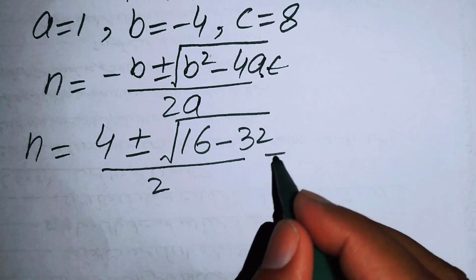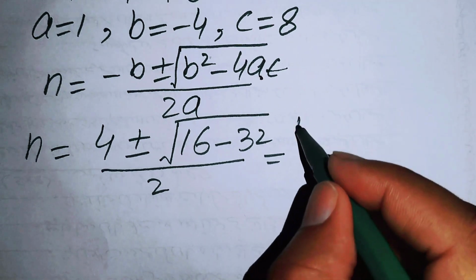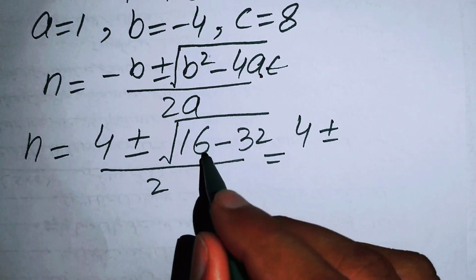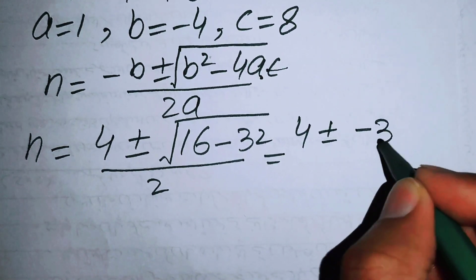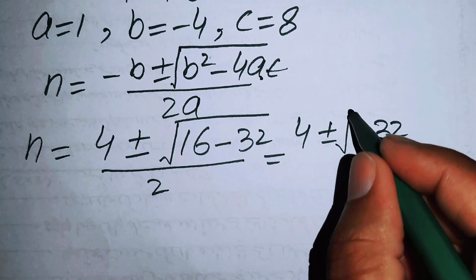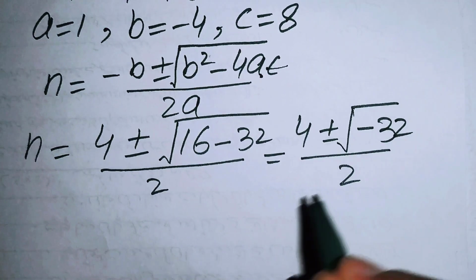So now you can simplify the terms, and you get 4 plus minus square root of 16 minus 32, over 2.